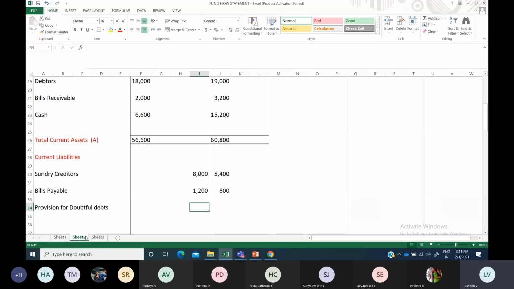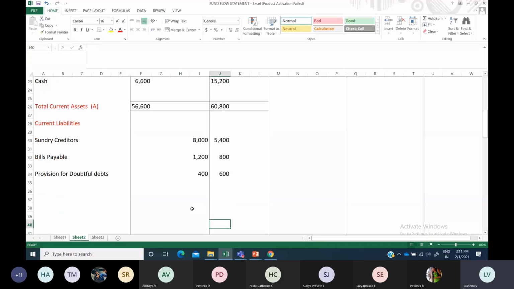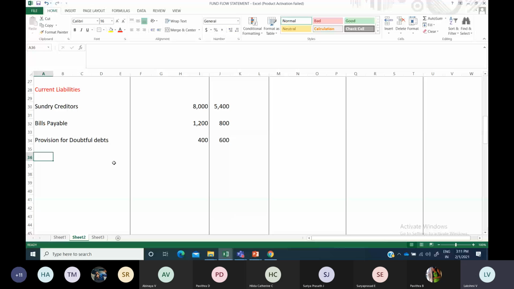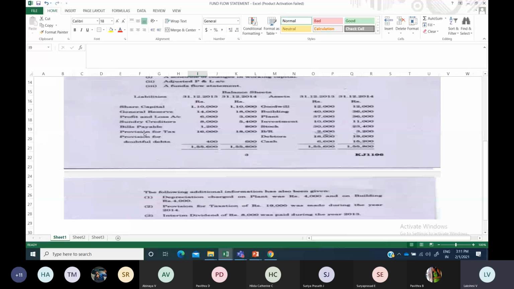Write your amount column properly, keeping everything aligned so that you will not get confused. So these are the current liabilities items: sundry creditors, bills payable, provision for doubtful debts. Provision for tax I am treating as non-current.